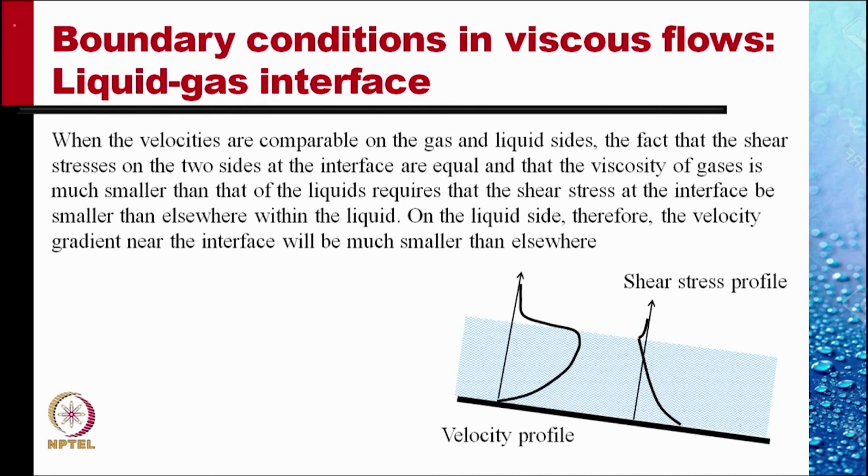When the velocities are comparable on the gas and liquid sides, the fact that the shear stresses on the two sides of the interface are equal and that the viscosity of gases is much smaller than that of the liquid requires that the shear stress at the interface be smaller than elsewhere within the liquid. On the liquid side, therefore, the velocity gradient near the interface will be much smaller than elsewhere.